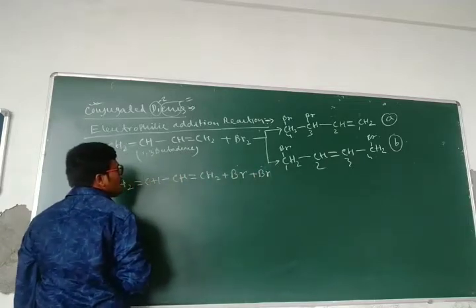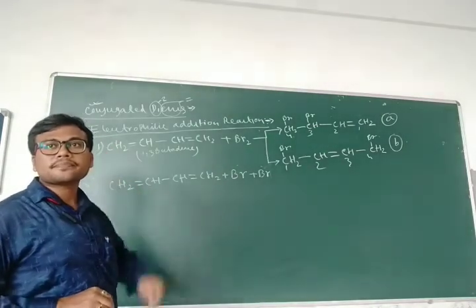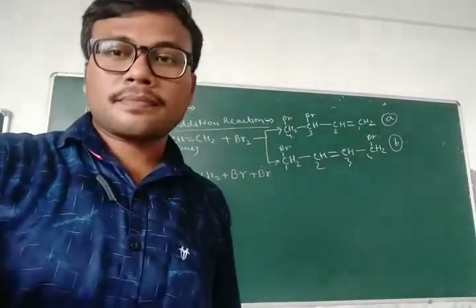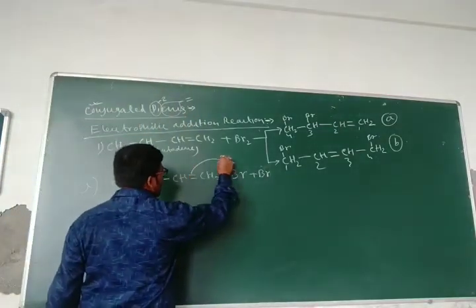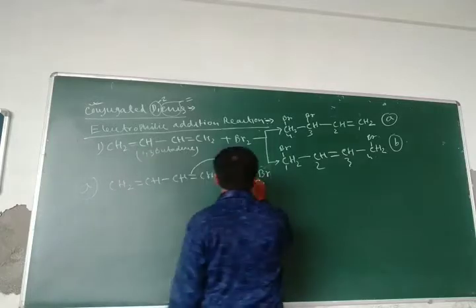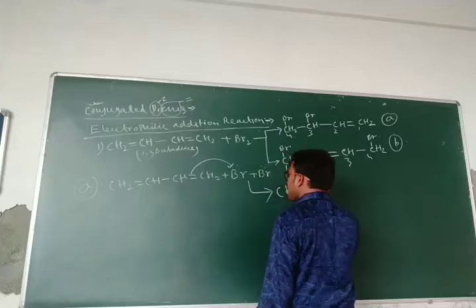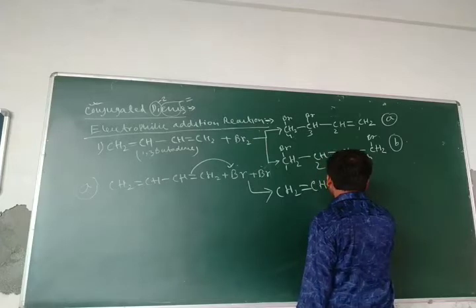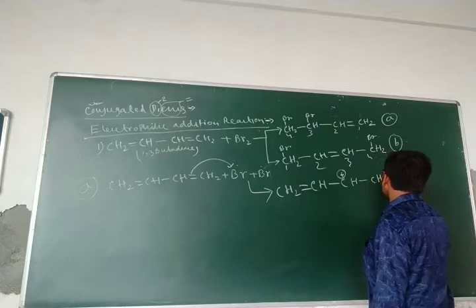So what happened in the first case? In the first case, at first this pi bond attacks this bromine, and produces a positive charge and CH2Br.